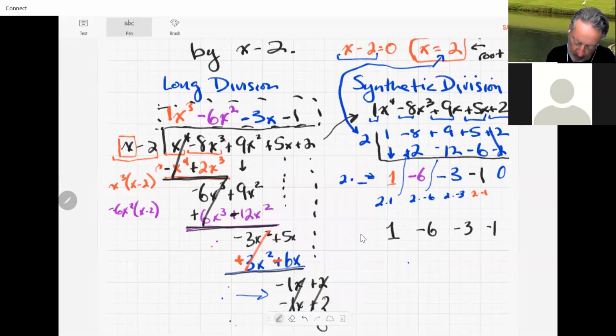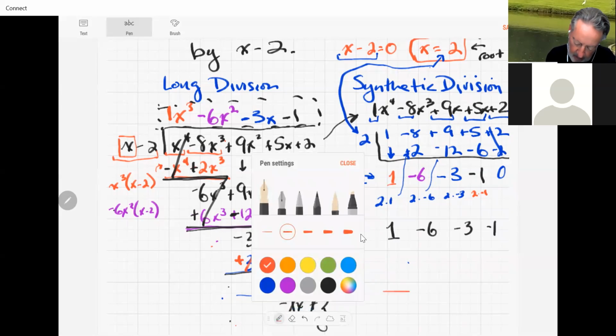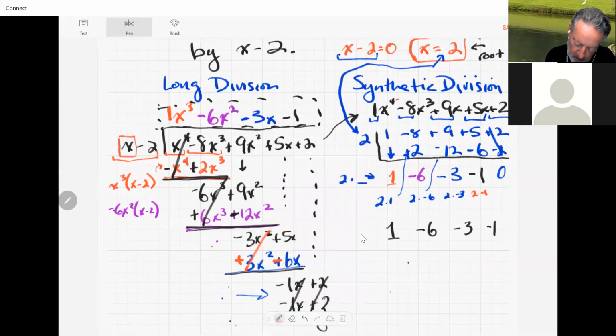Then I just go back up here and finish it. Just like we subtracted one exponent here, we're going to subtract one exponent there. So 4 minus 1 is x to the third, and up here, 3 minus 1 is x squared, and then 1 minus 1.